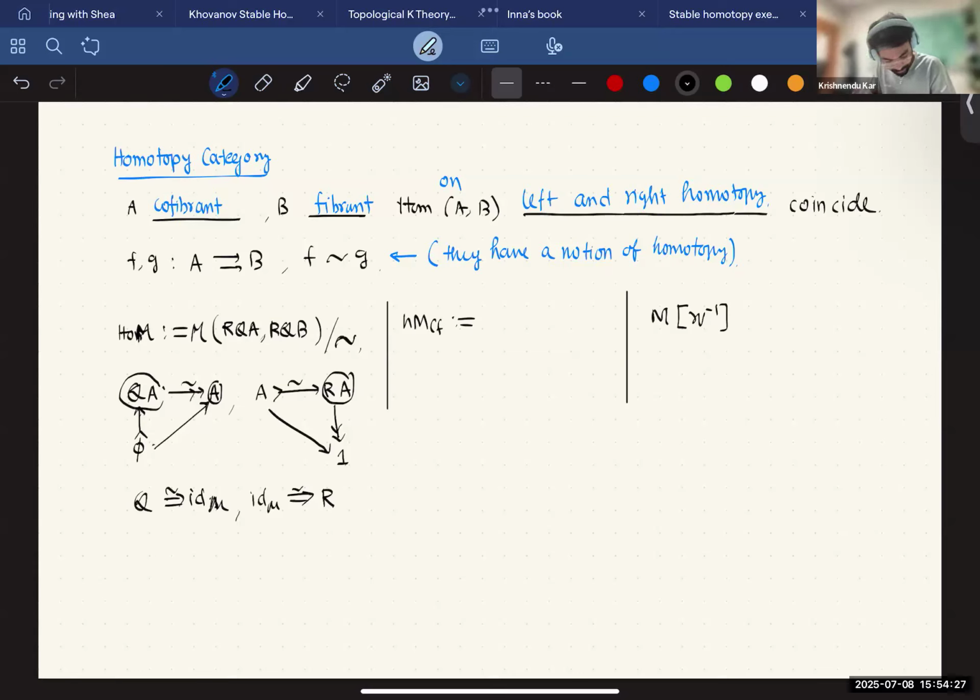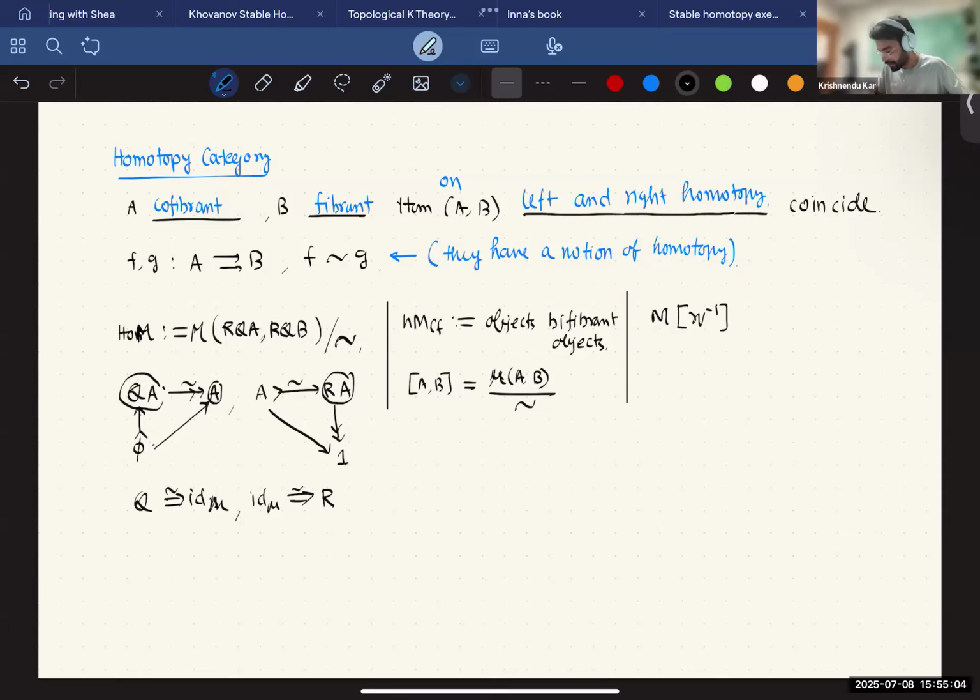So what is that? Here the objects are the bifibrant objects, that is, cofibrant and fibrant. And your morphisms between them are basically the morphisms in the model category modulo the homotopy equivalence relation.